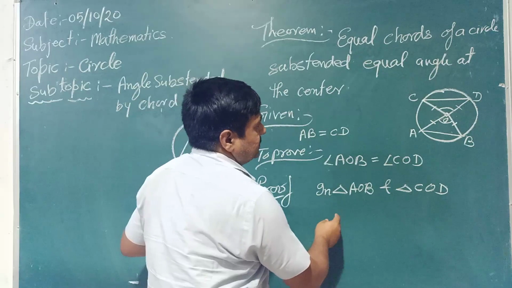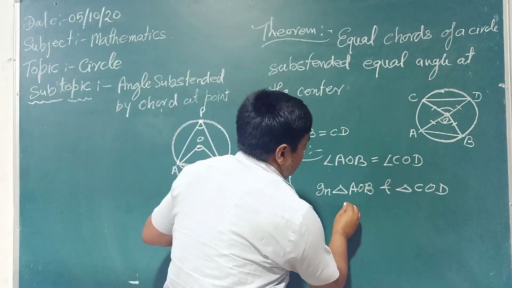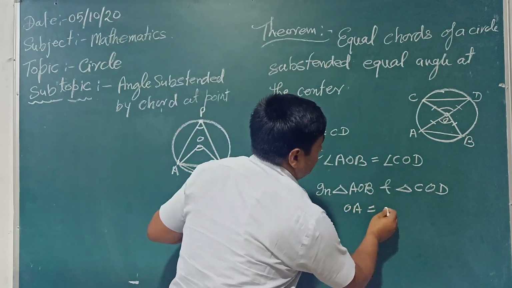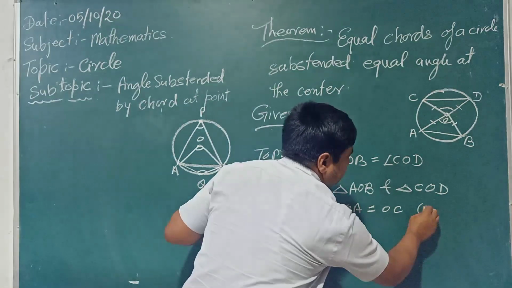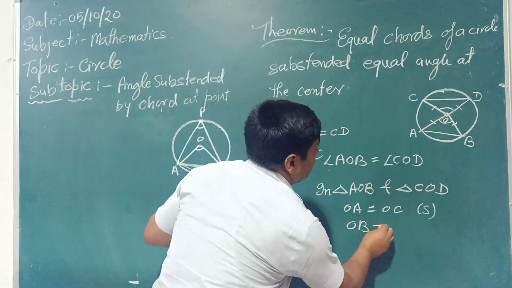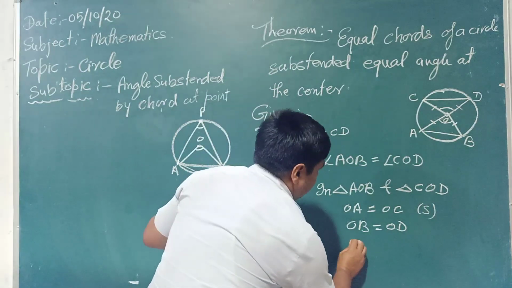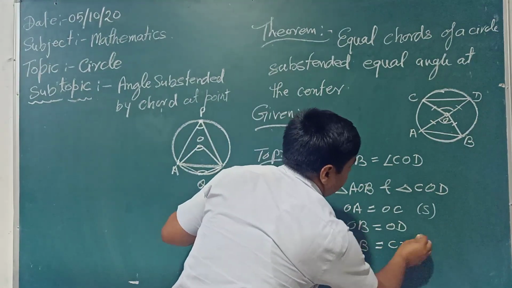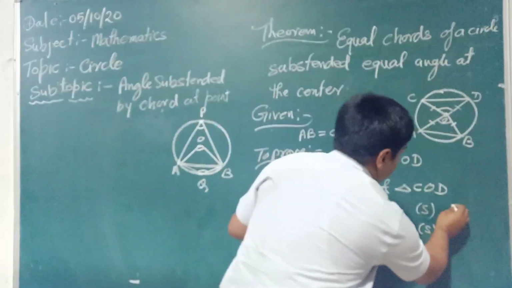So now first OA is equal to OC, and this is a side, and OB is equal to OD, and AB is equal to CD. Okay, this is also a side. And why?